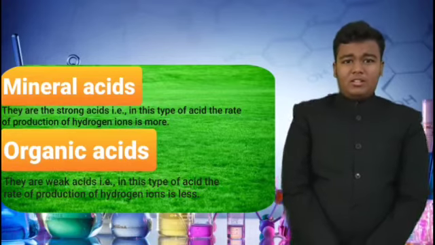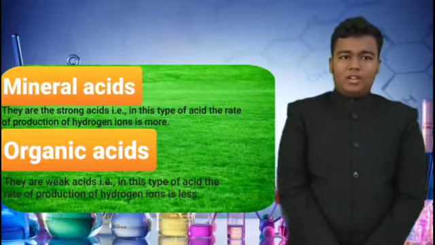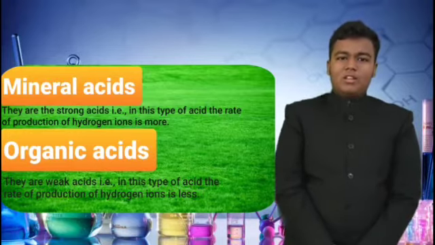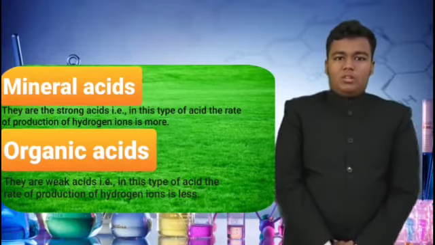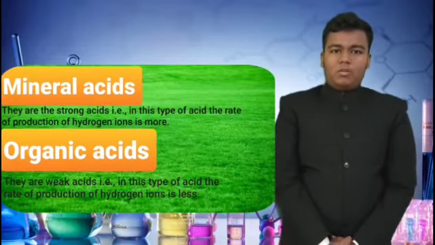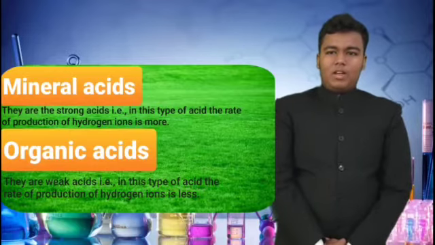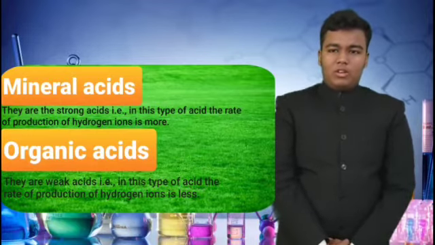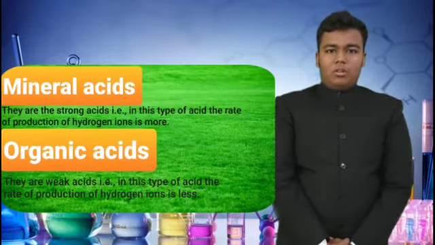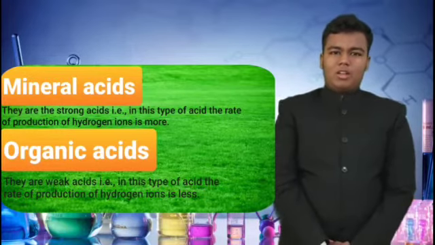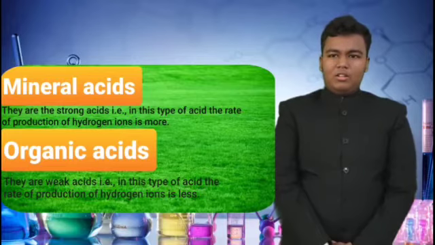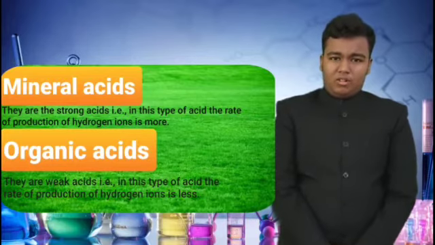The mineral acids are generally the strong acids, whereas the organic acids are the weak acids. For example, among the mineral acids we have HCl and H2SO4, and among the organic acids we have all the weak acids such as methanoic acid, formic acid, etc.